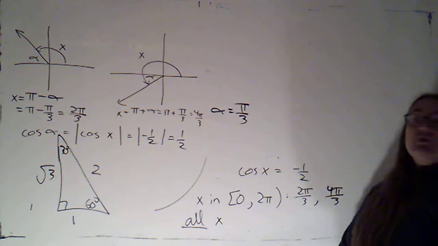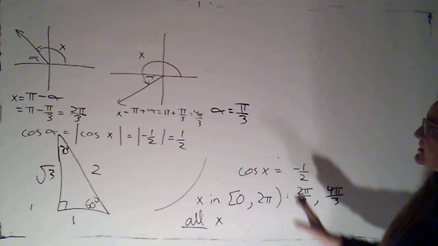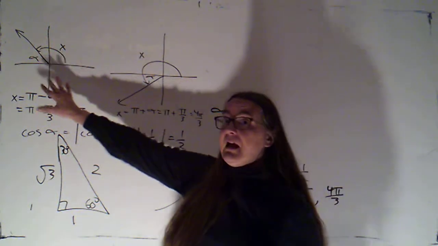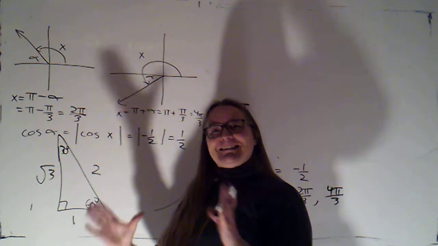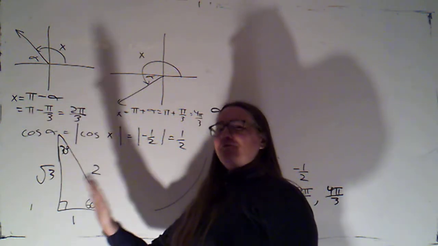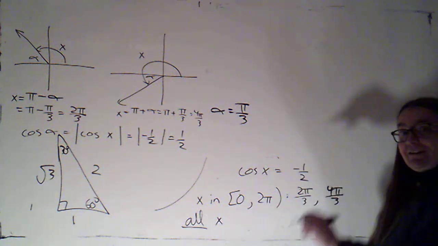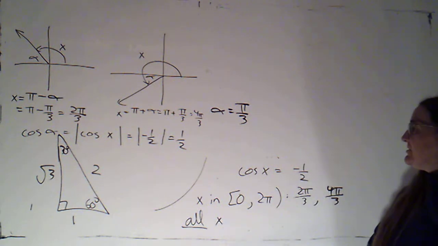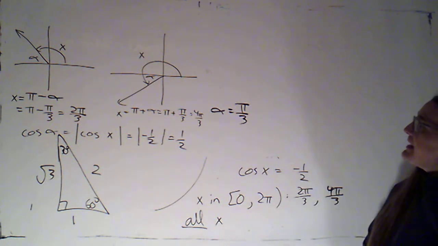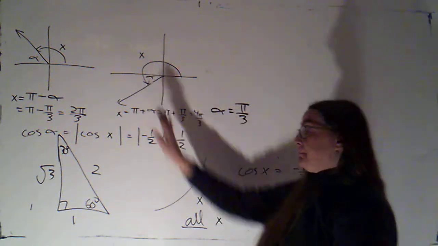This is how I usually work through things. You should be familiar with this process of using reference angles, because if the reference angle isn't nice, if it isn't pi over 6 or pi over 4 or pi over 3, so that the point isn't one of the points that most people have memorized from the unit circle, you can still work through it even if you have to describe your reference angle using inverse trig.